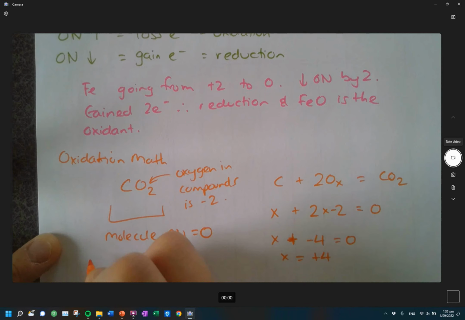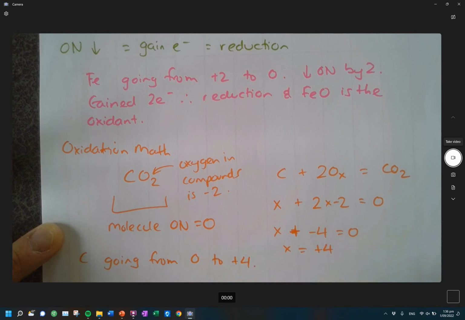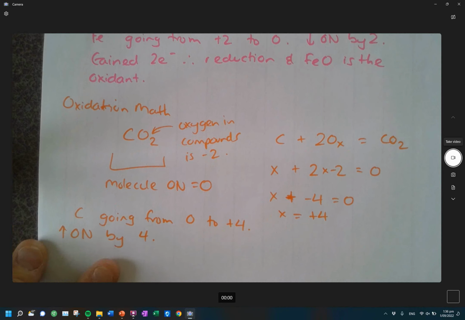All right, using that information, carbon is going from 0 to +4. So my oxidation number has increased by 4. Have I gained or lost electrons then? If I'm going up, I've gained or lost? Electrons are negative, so I've lost them.